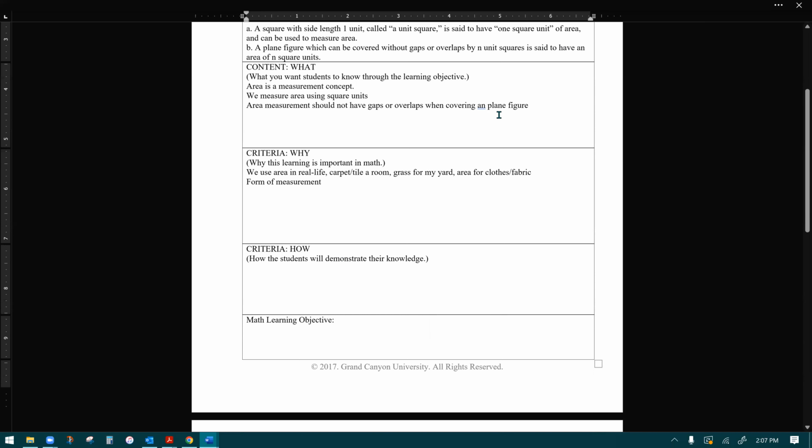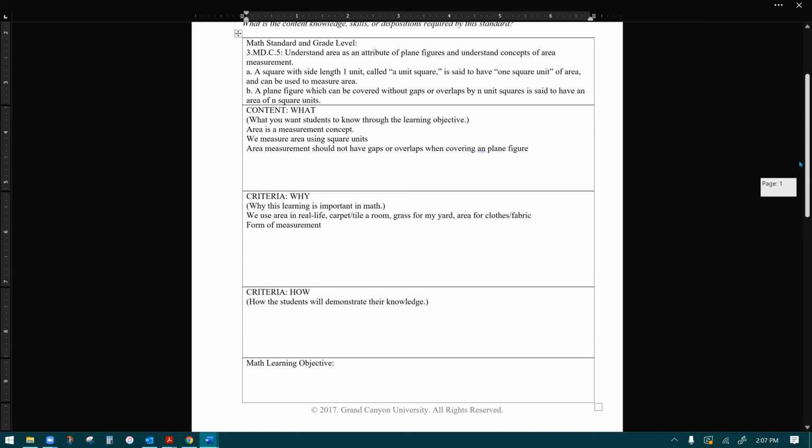Okay, now how will students demonstrate their knowledge? So when I read this, I see a lot of talking about area and having square units and having a plane figure covered with unit squares.